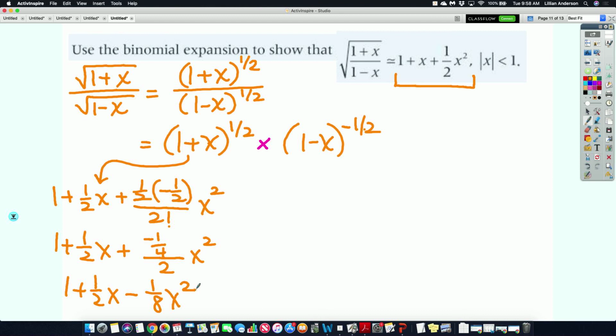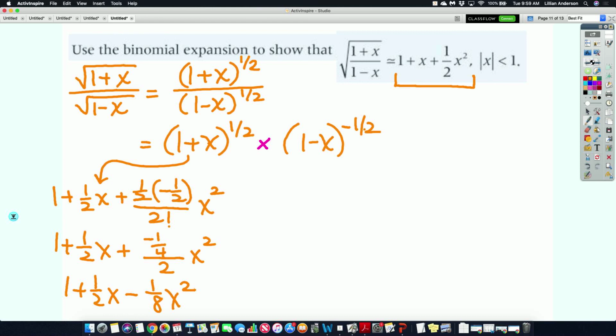Now let's look at the next one. Gotta be careful here, because not only does it have a negative, but it also has a fraction. So the question is, do I use the top formula or do I use the bottom formula? The one on the bottom.